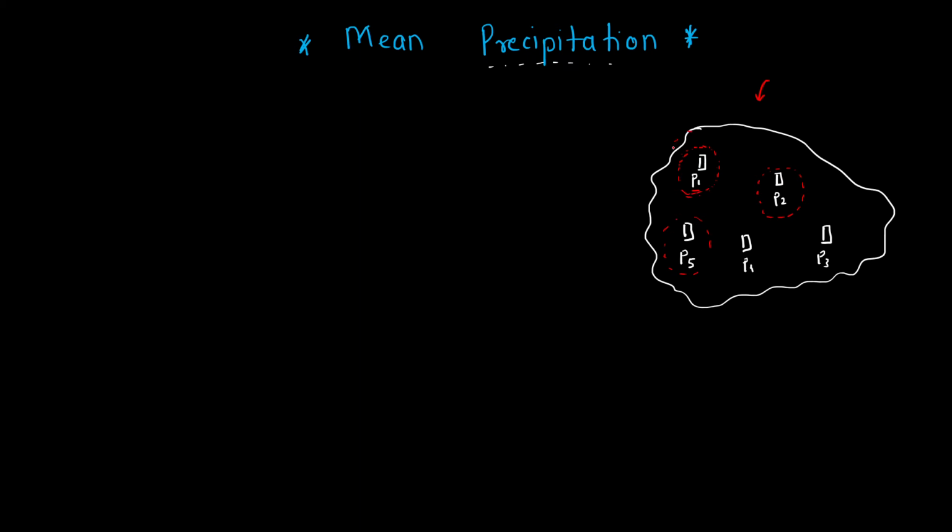But if I want the total precipitation over this entire region, how do we calculate it? We will be using certain methods, and the precipitation of this overall catchment area is called the mean precipitation.